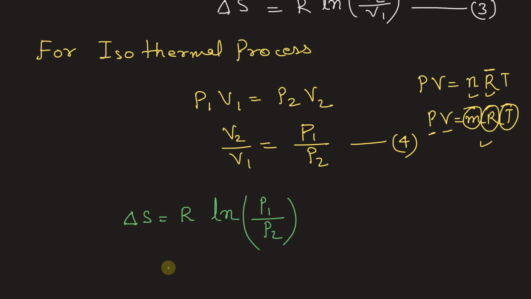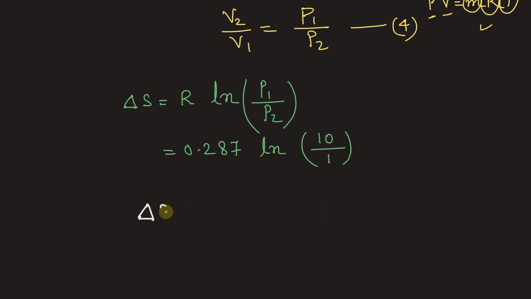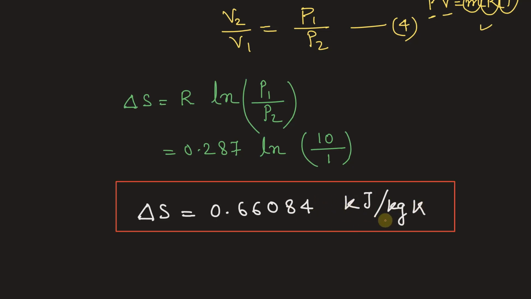Now we know the value of R, that is 0.287 given in the problem, ln, and P1 given is 10 bar and P2 given is 1 bar. So it is ln 10. Delta S will be equal to, if you use the calculator, 0.66084 kilojoule per kg Kelvin. And this is our final answer.